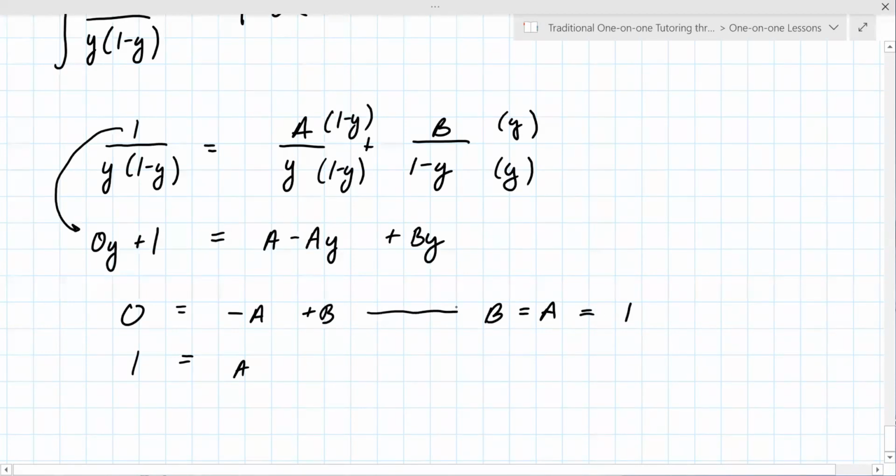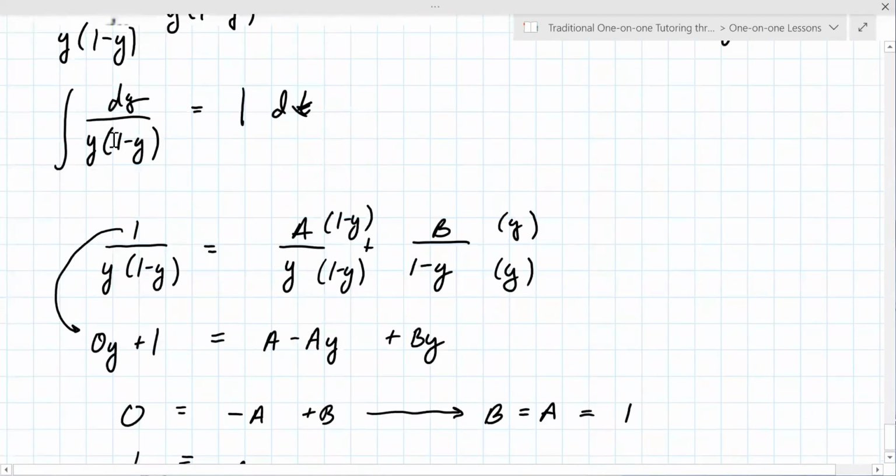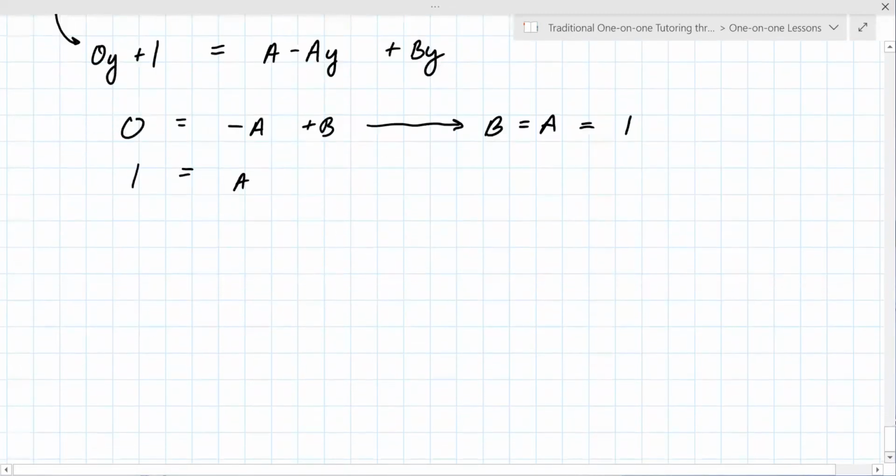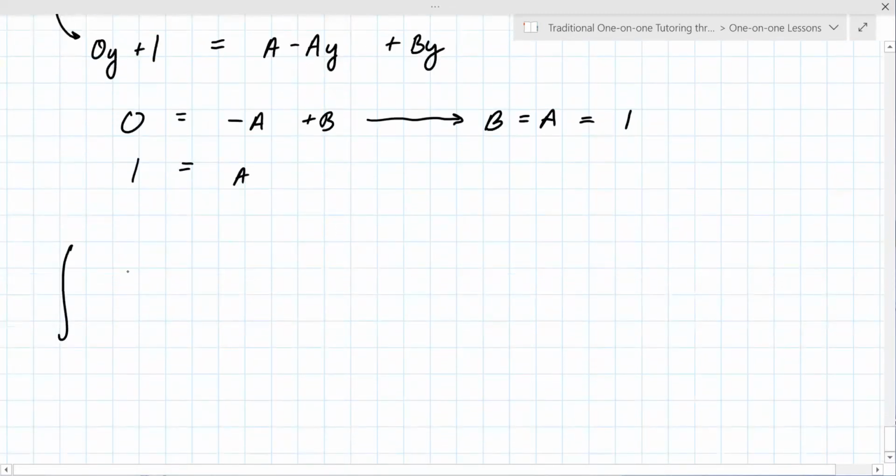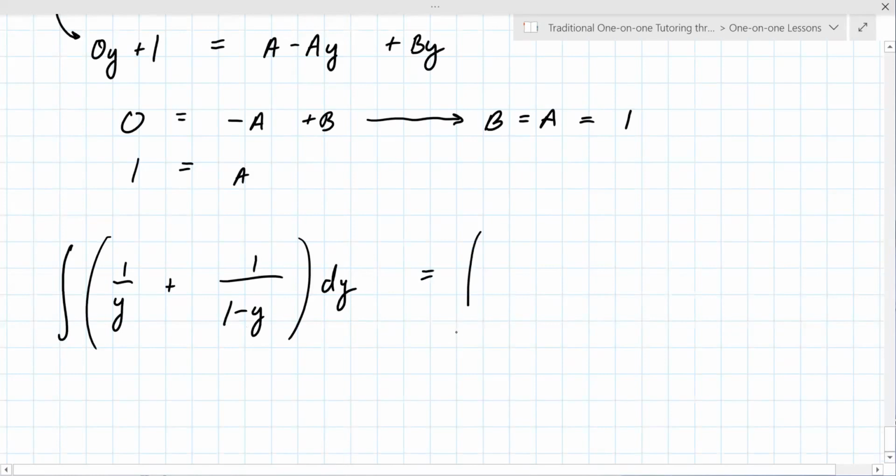If you go back to this line right there. So on the left, you have to break this apart, so that we have the integral of 1 over y plus 1 over 1 minus y dy equals integral 1 dt. So you have natural log absolute value of y plus, now this one right here is really a u substitution.